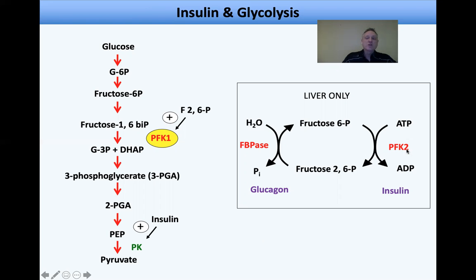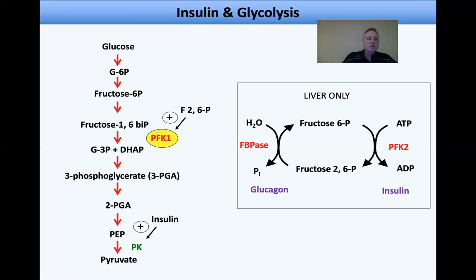So PFK2 will take some of the fructose 6-phosphate, convert it into fructose 2,6-bisphosphate, and then this is an allosteric activator of PFK1. And then what you can do is expedite the oxidation of the carbons in glycolysis.